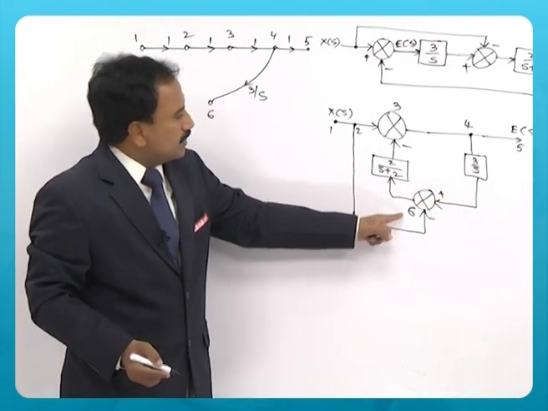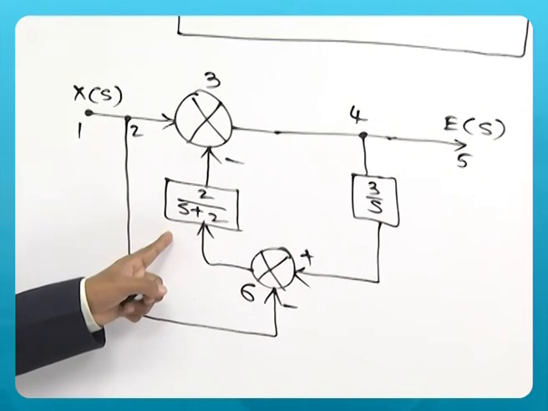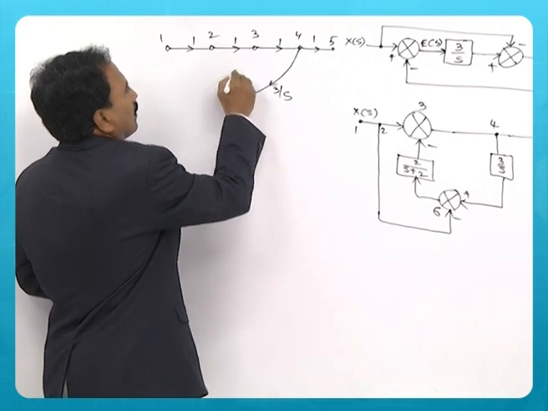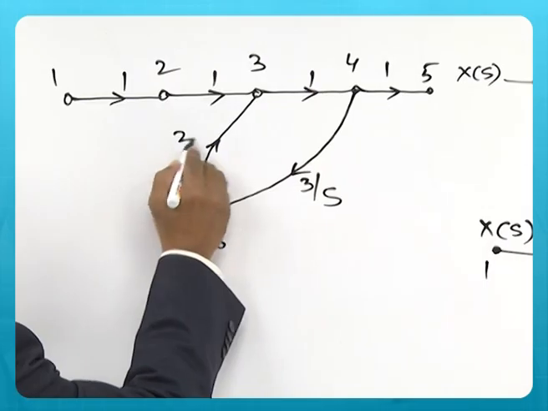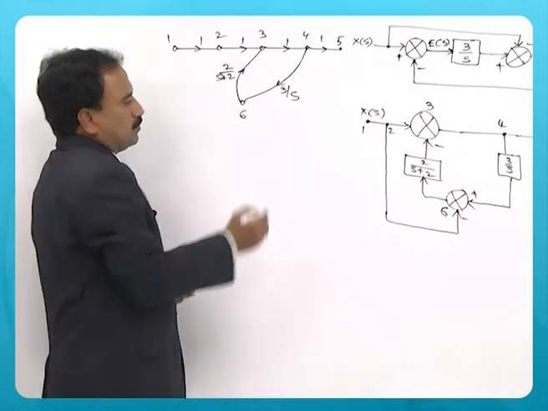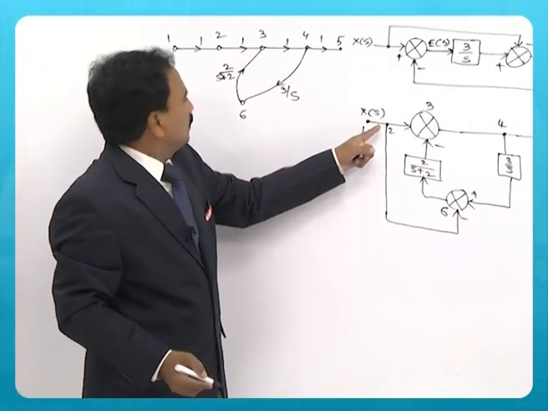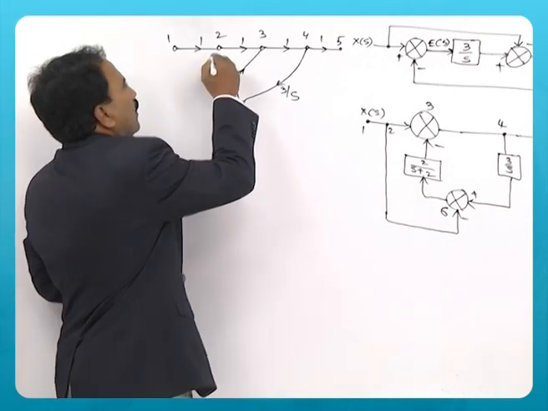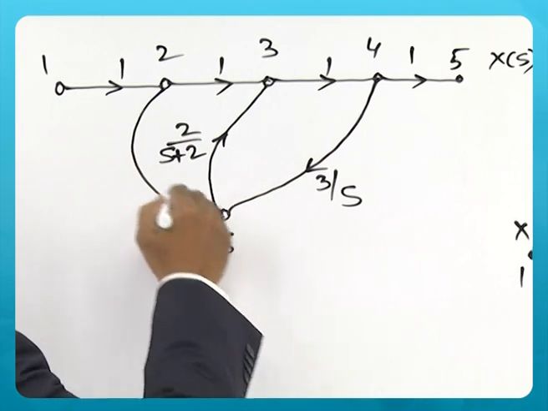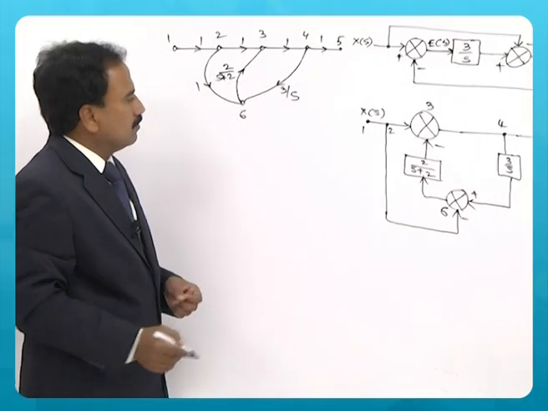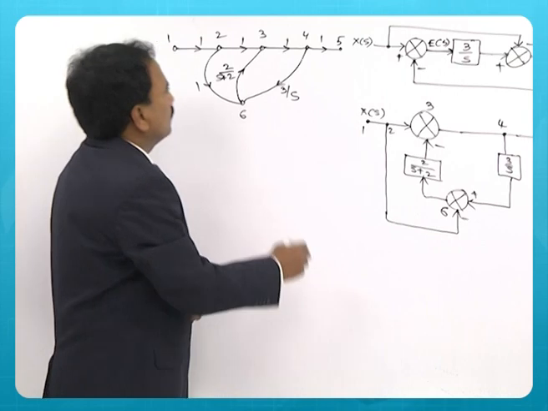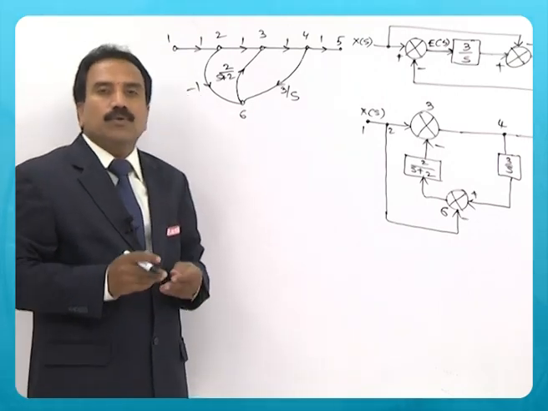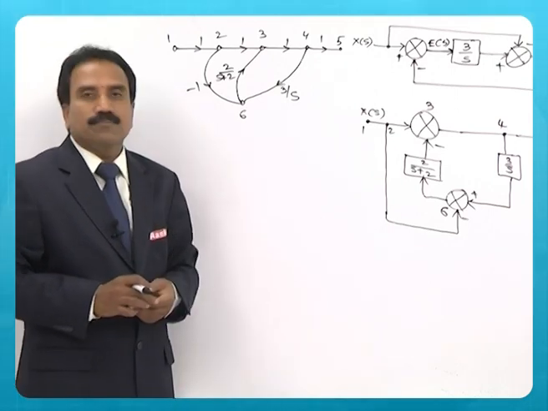Now between 6 and 3 there is another block whose gain is 2 by s plus 2, and 2 and 6 are joined with this forward path, the gain is 1, with minus sign here, so put minus.